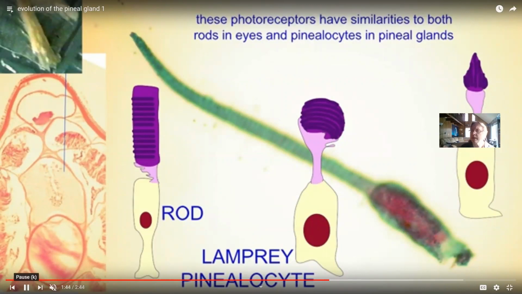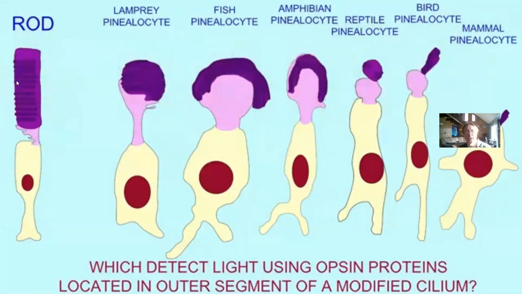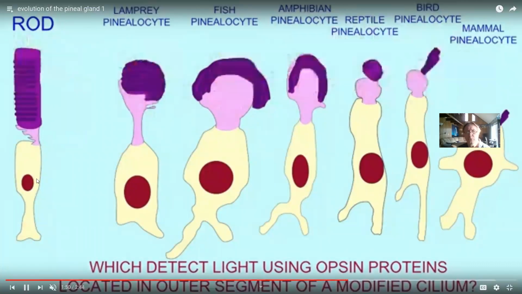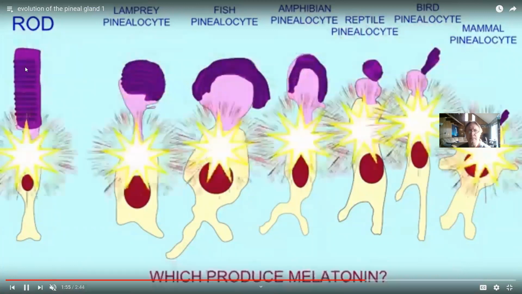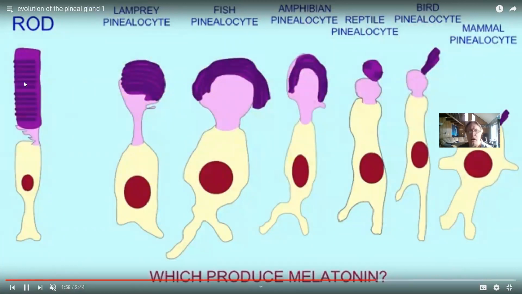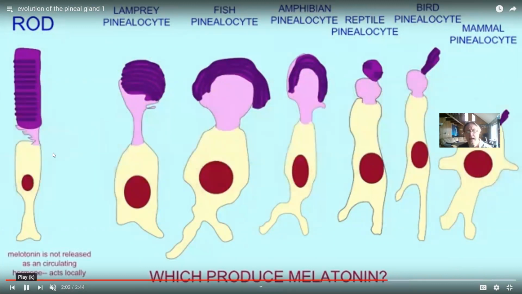And so, talking about these pineal cells, they clearly have a relationship to the cells of the eye, which detect light, like this rod here, both using these specialized cilia, which then detects light because it expresses opsin.